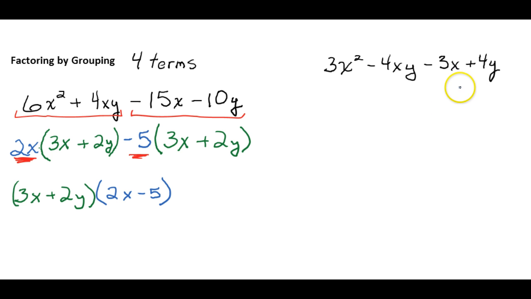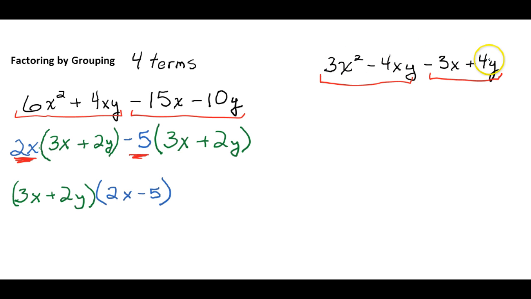Give it a try. You might want to pause here and see if you can do it. And then I'm going to work it out. First two, second two. This one is really tricky because of the greatest common factors being ones and negative ones. So here in these first two terms, they're separated. Remember, terms are separated by pluses and minuses.